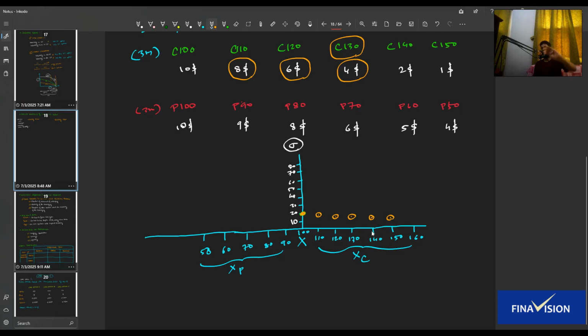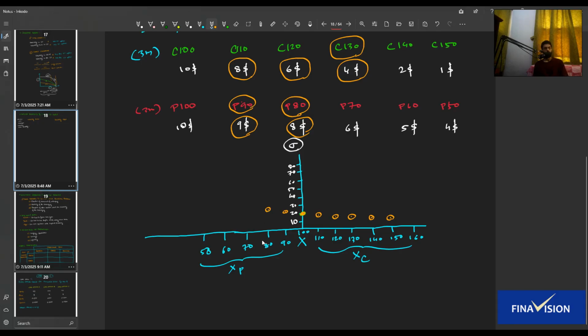But the scene is very different if we look at the put option premiums. Maybe the 90 strike put with a premium of $9 is actually assuming a 22% volatility. The point may lie somewhere here, between 20 and 30.